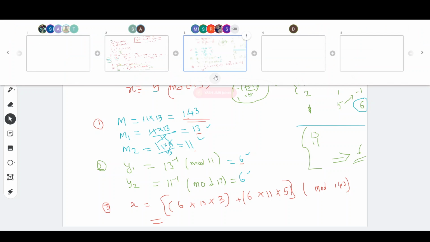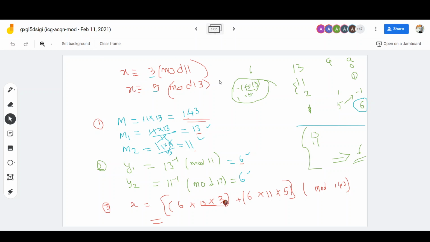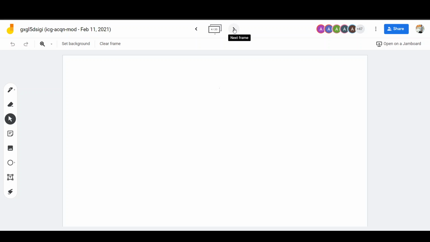Here 39 multiplied with 6. 234. 234 plus here, 30 into 11, 330. Total is going to be 564. 564 mod 143.